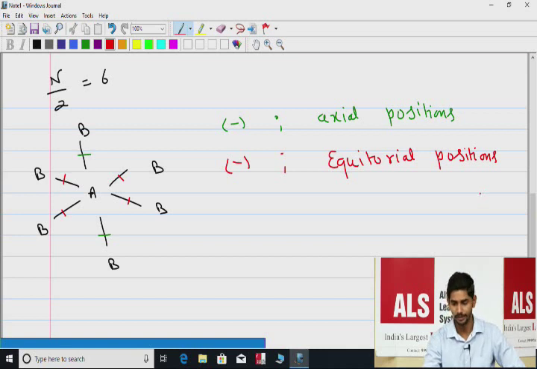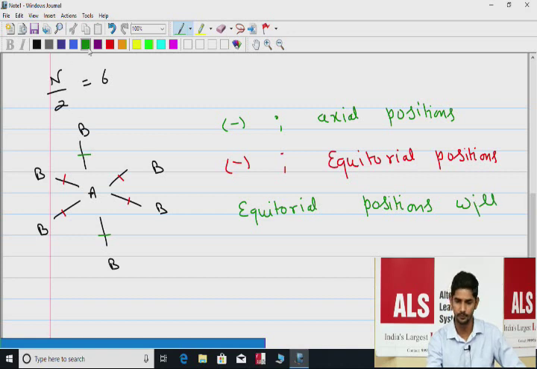Okay, here the rule says that equatorial positions will be filled first, then axial.